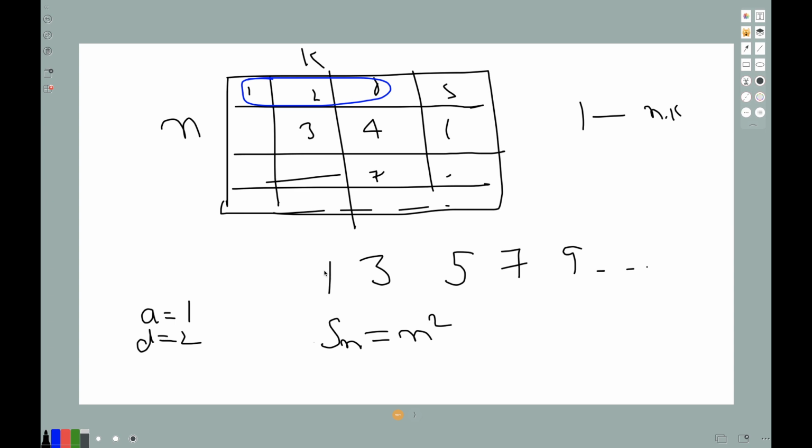So the sum of the first term is 1 square, first 2 is 4, 2 square, first 3 is 9, 3 square, first 4 is 16, 4 square. So you can derive it from that arithmetic progression. Yeah, AP sum, maybe, I'm not sure, but it should be possible.